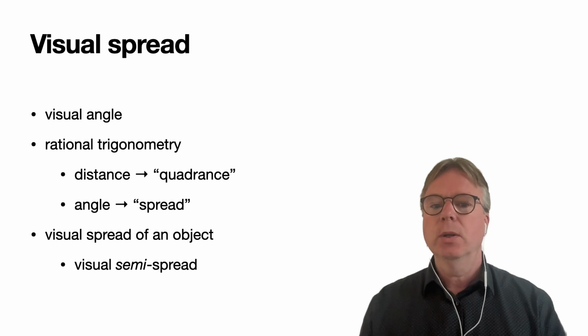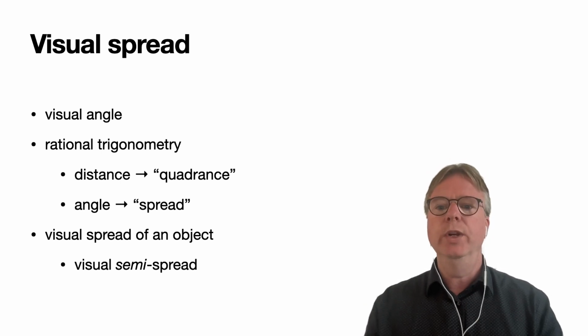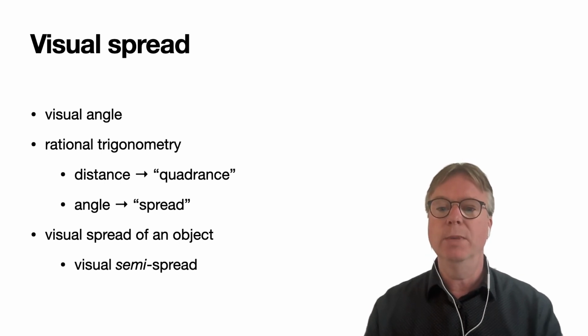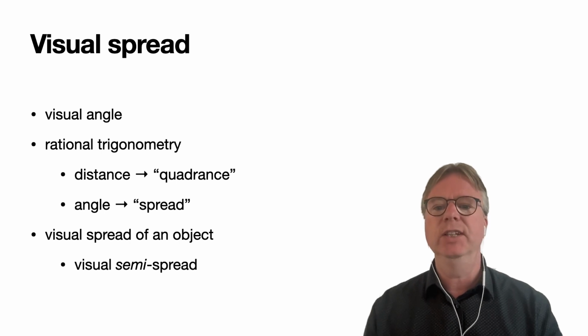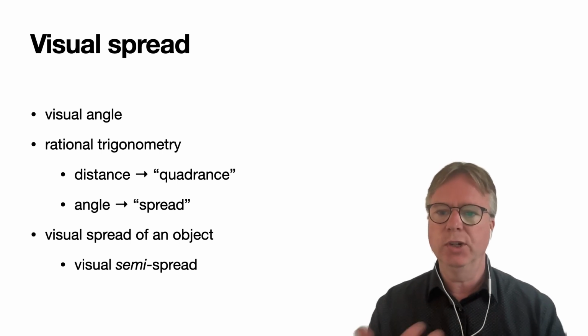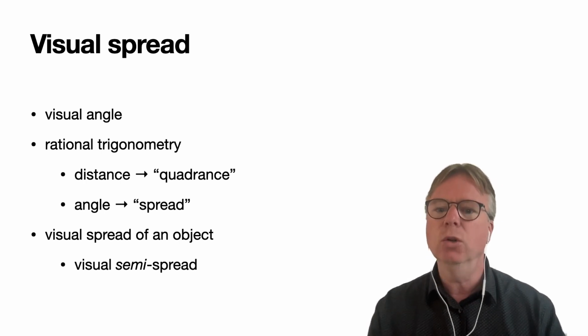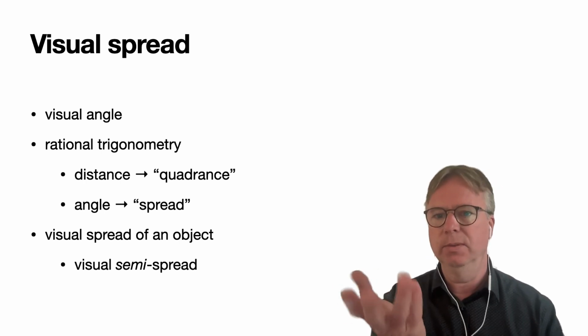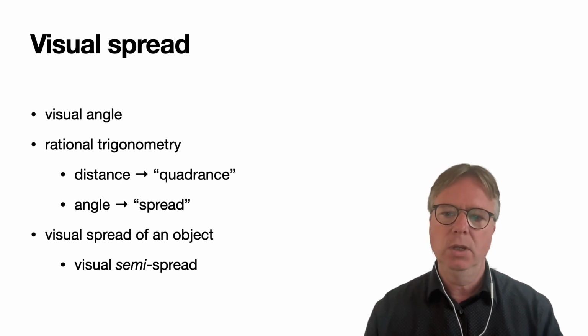And what is needed for that is a new geometry, a new mathematics, rational trigonometry it's called. And instead of distances, rational trigonometry talks about quadrances. And instead of angles, it's talking about spread. So that's the spread that comes back in the title, visual spread.